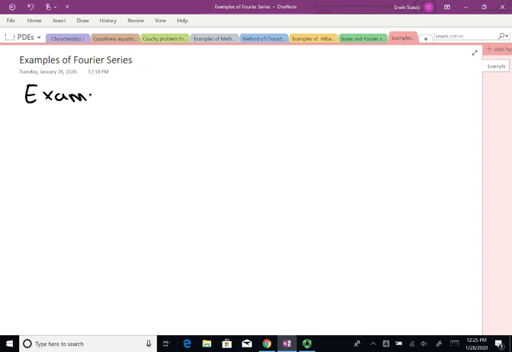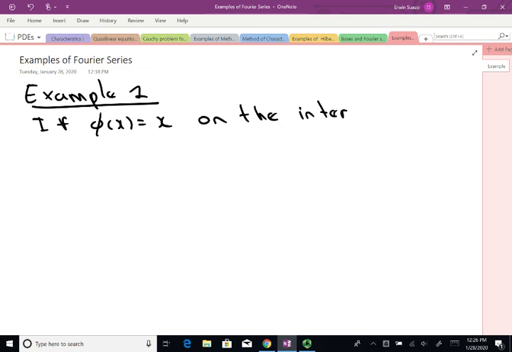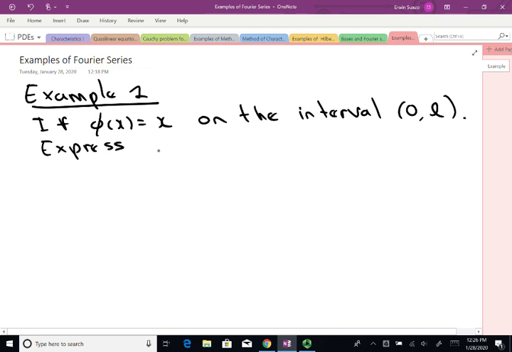If phi of x equals x on the interval 0 to L, express phi of x as a Fourier sine series.